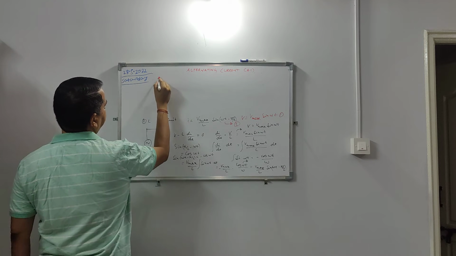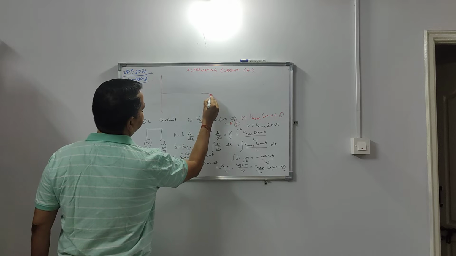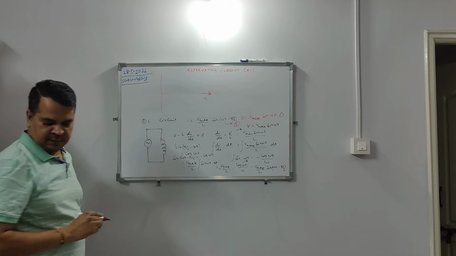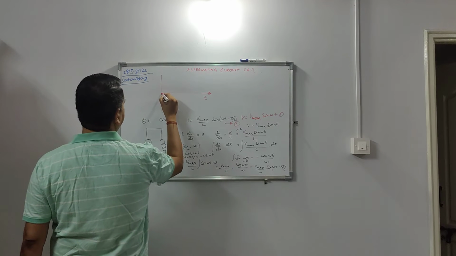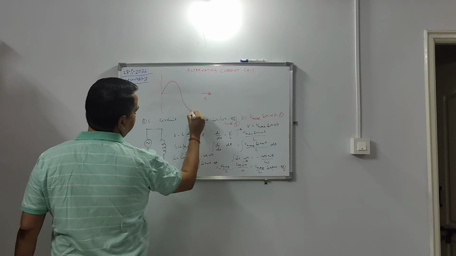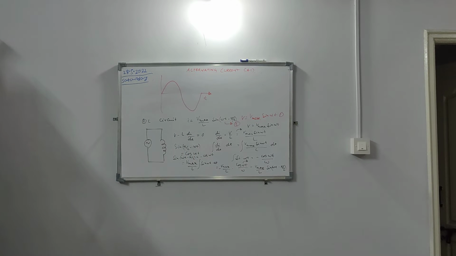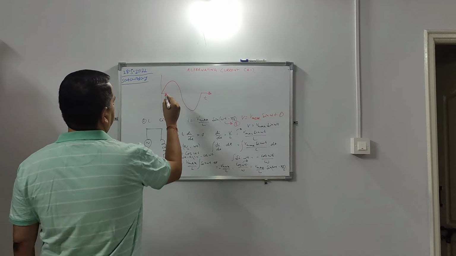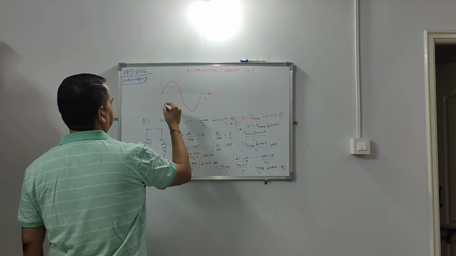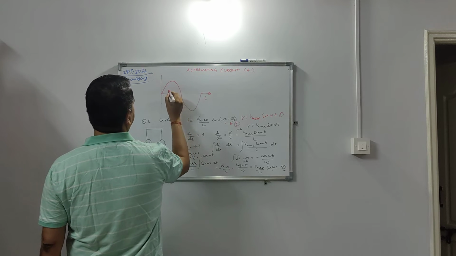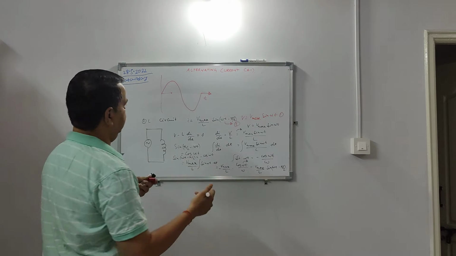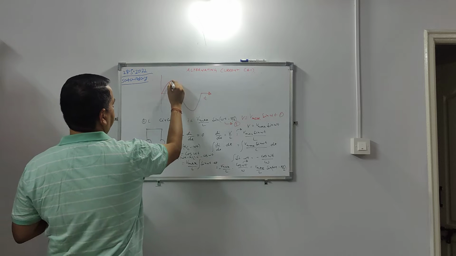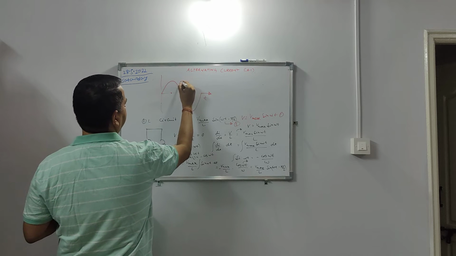Let us say this is my time. My voltage is leading. If this is my voltage, then because the current is lagging by 90 degrees, when the voltage is max, the current will be 0. When the voltage is 0, the current will become max.